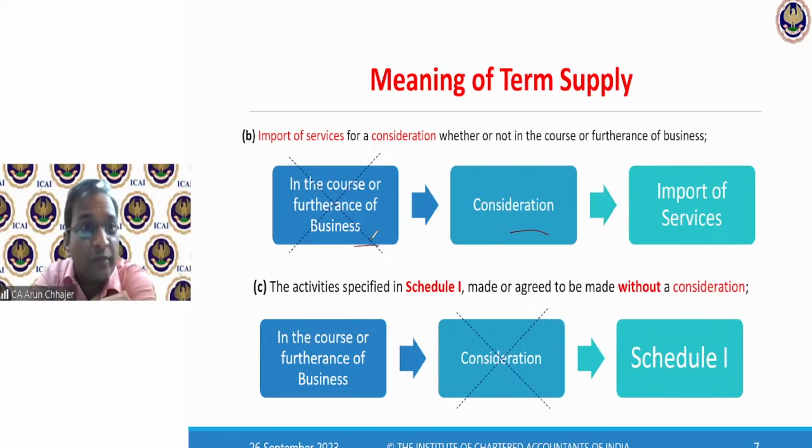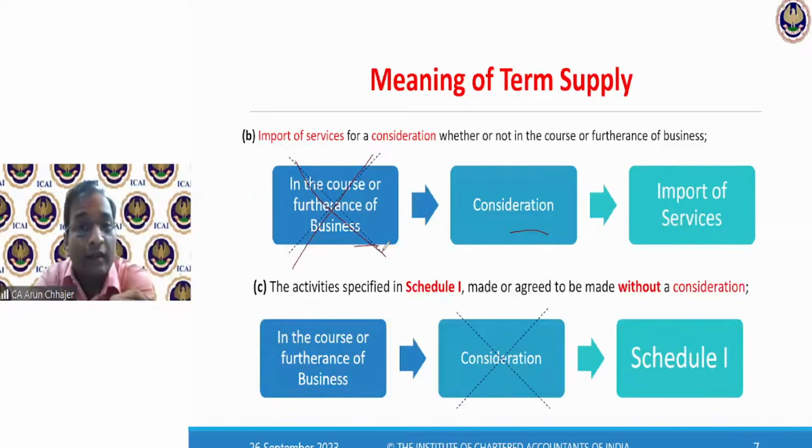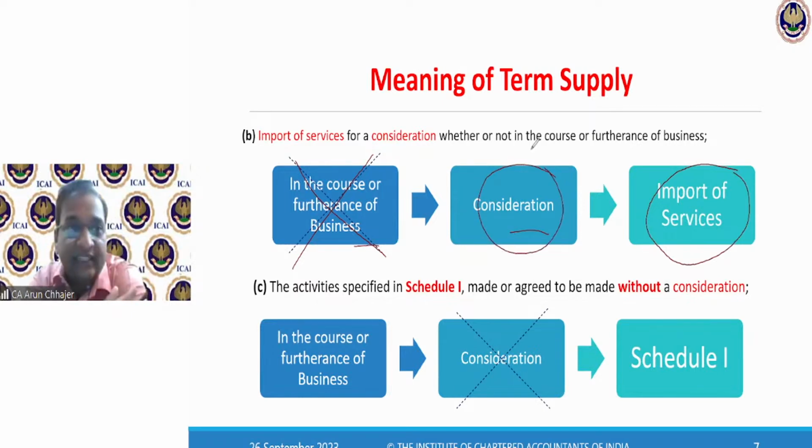But what about clause B? Clause B says business is not relevant. If it is an import of service and consideration is there, that's it. It will be treated as supply.